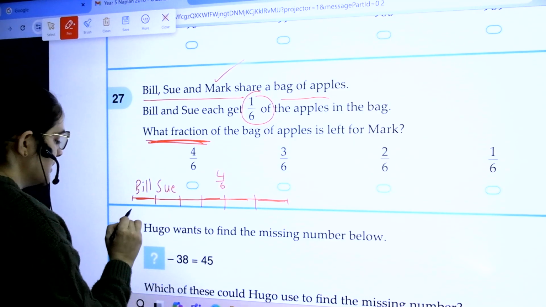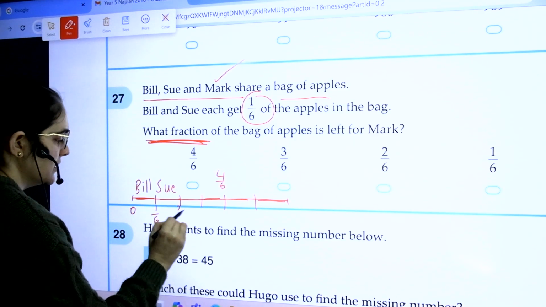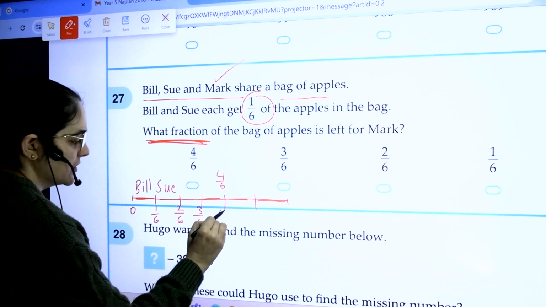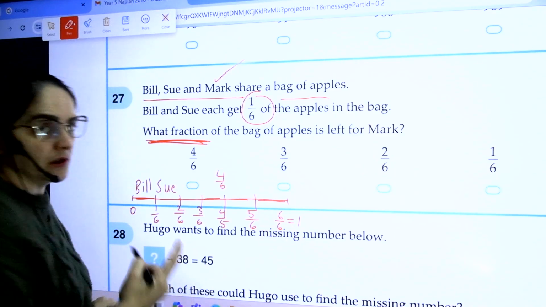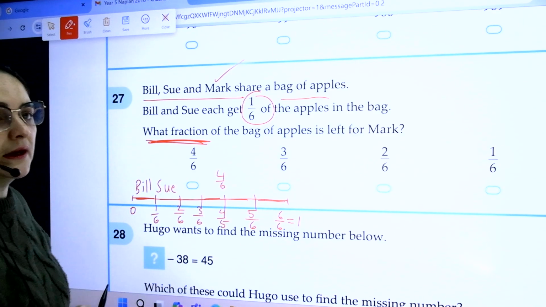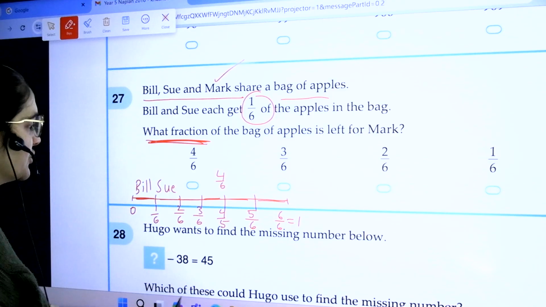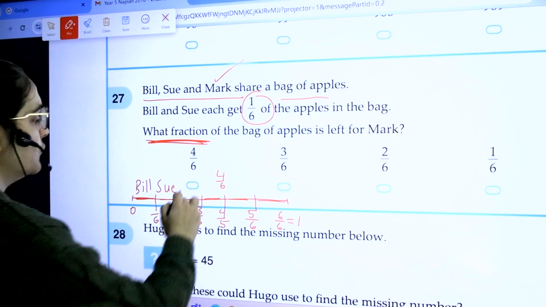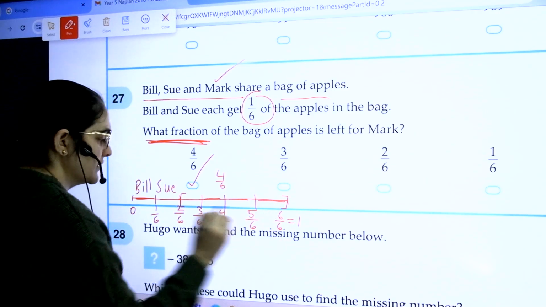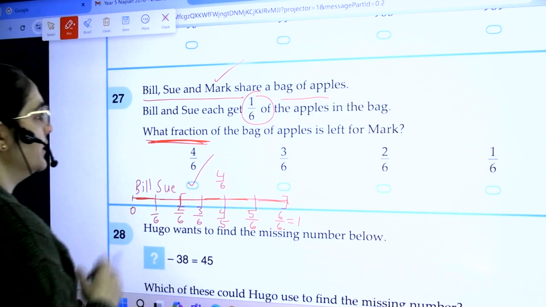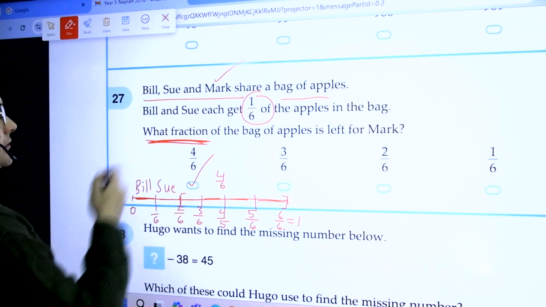This is 0, 1/6, 2/6, 3/6, 4/6, 5/6 and 6/6 is a whole. You can think of a number line every time you do fraction questions, if that helps. So 4/6 is the correct answer because that is the only fraction left. This piece is kept by the third friend, maybe Mark.